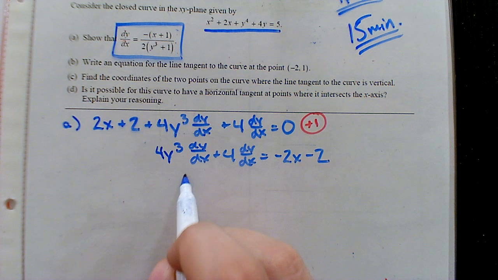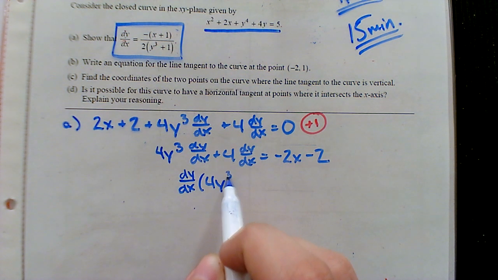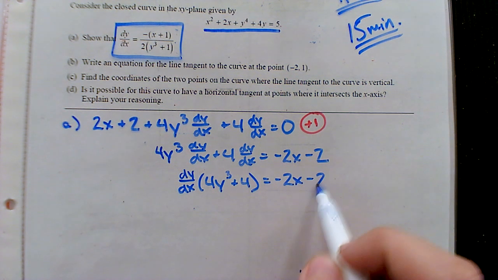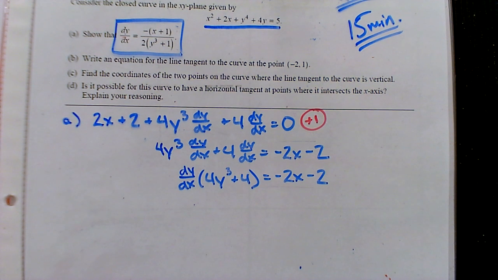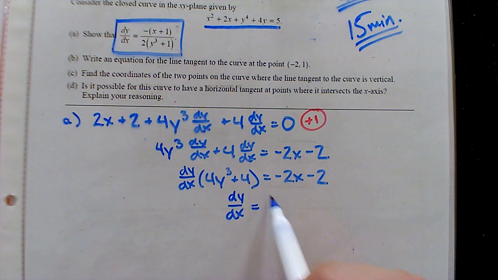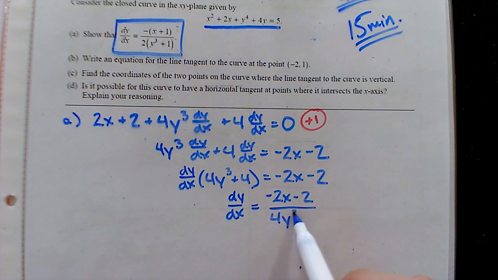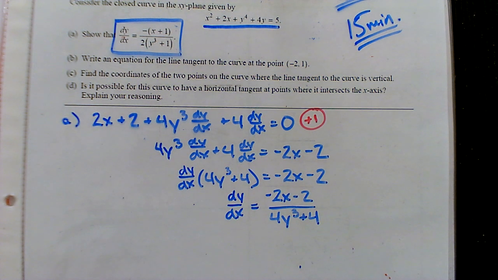Then you take the dy over dx out of the 4y cubed plus 4 to get dy over dx times the parentheses 4y cubed plus 4. Good. You want to keep going? I divided the right by the left bracket, which was negative 2x minus 2 over 4y cubed plus 4.